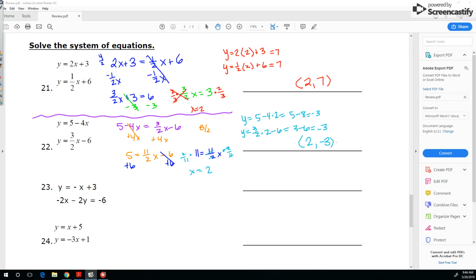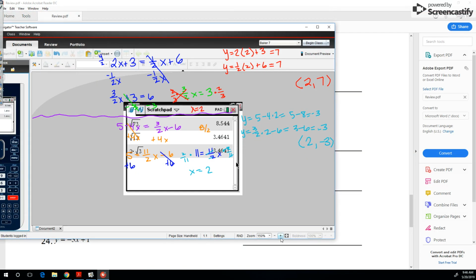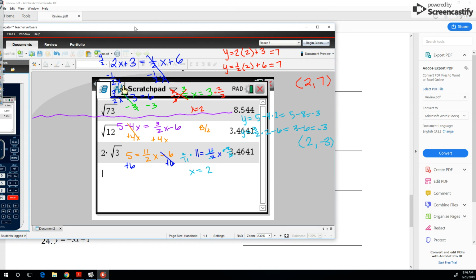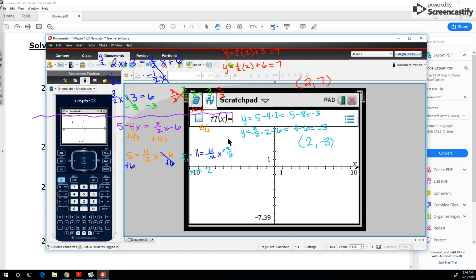So you might be thinking, wow, that's so much work. What's the easy way? Well, we can use our calculator and see where these intersect, because the solution to the system of equations is an ordered pair where these two lines cross. So I will go to my graph.